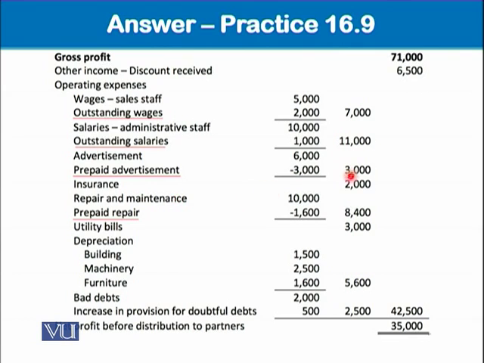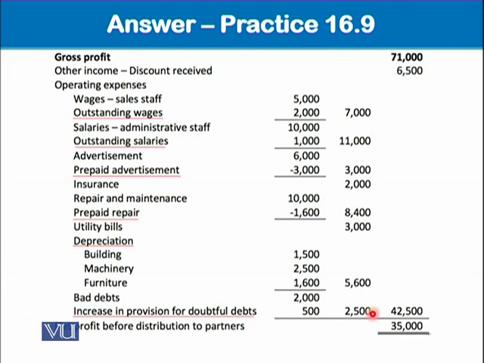Then insurance as it is. Repair, there is a prepaid repair of 1,600 that will be subtracted from here and taken to the balance sheet as an asset. All right. So now depreciation. We have to work out this depreciation as given in the adjustments. And then bad debts and increase in provision for doubtful debts is also an adjustment.